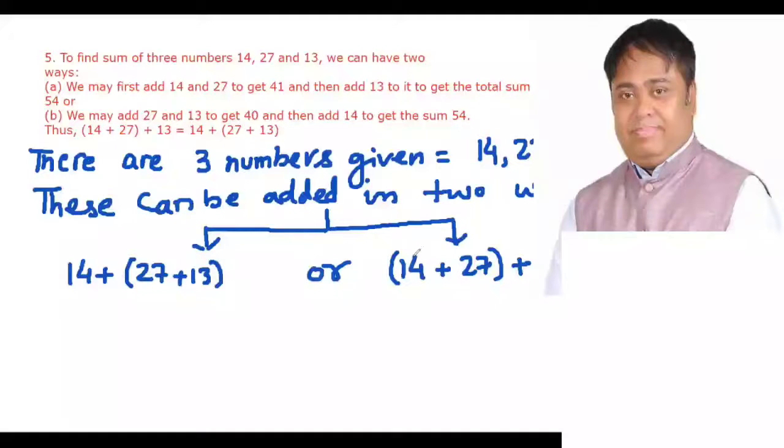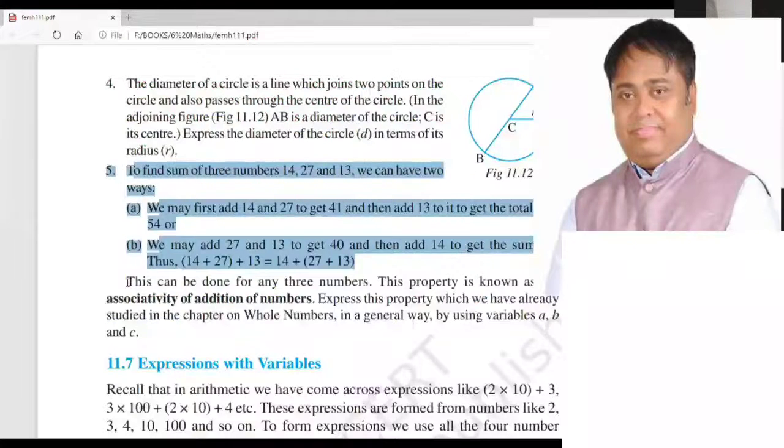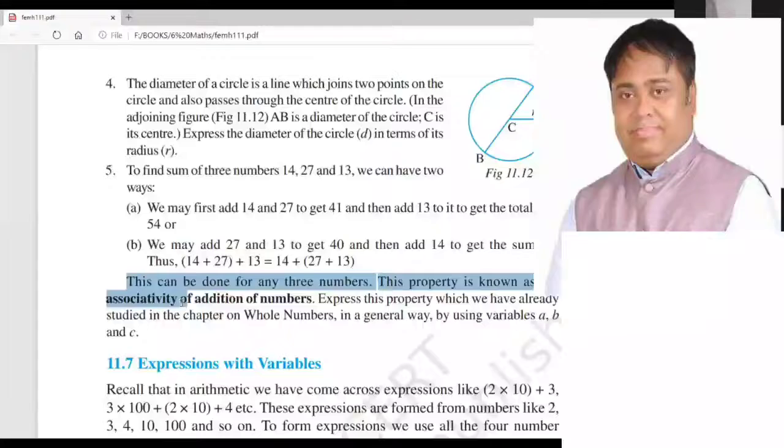We have to express this in terms of algebraic expression. If we see the question, it is given that this property is called as associative property. Express this property in general way by using variables a, b and c.